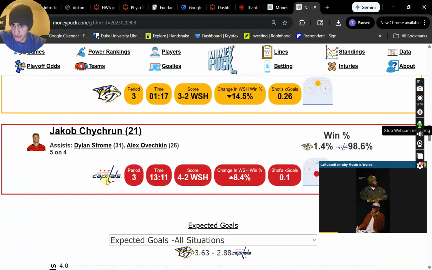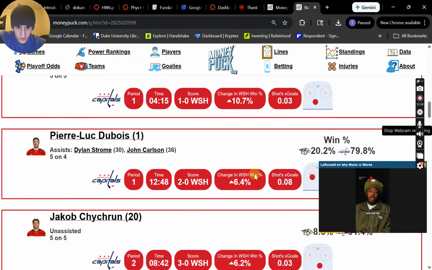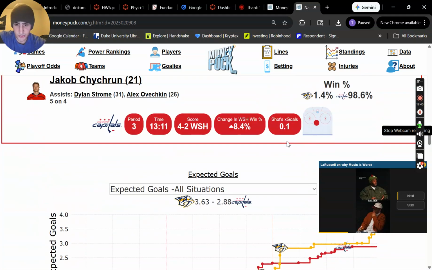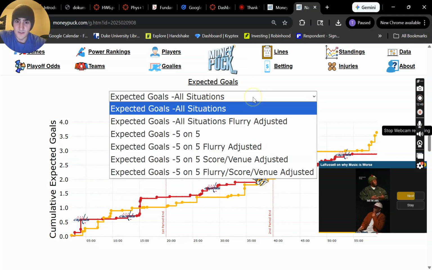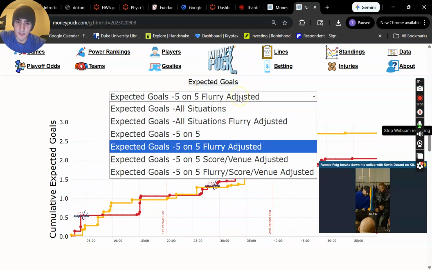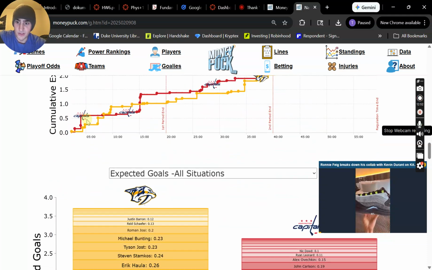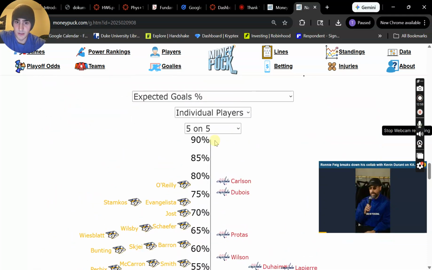A good scoring summary, kind of like ESPN styled, except they have all these other statistics that ESPN wouldn't regularly show you, and the expected goals during the entirety of the game. You can switch this to 5-on-5, flurry adjusted, which is something I'll explain in another video relating to the advanced statistics part of hockey.